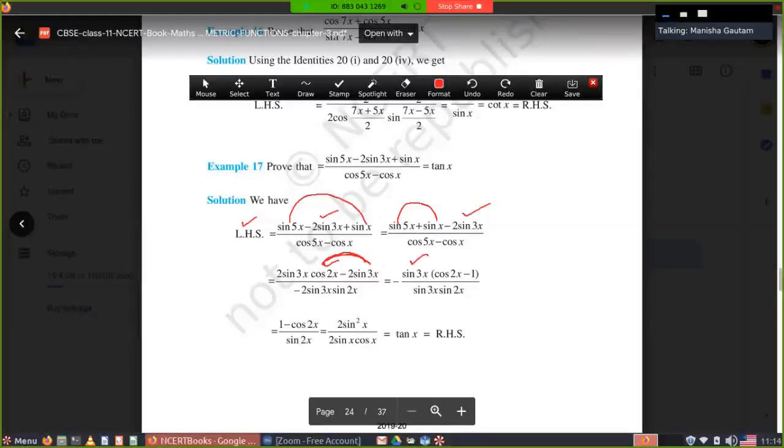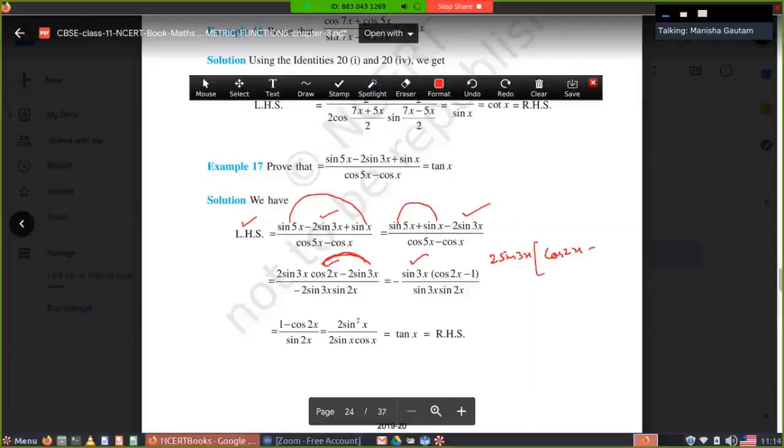2 sin 3x is common. You can take common 2 sin 3x, and what is left?